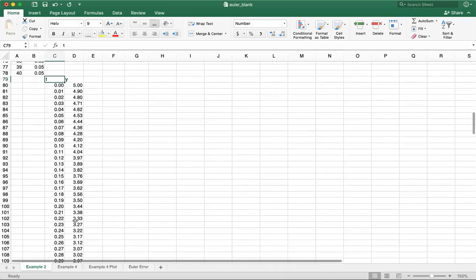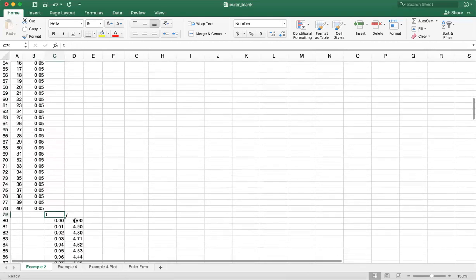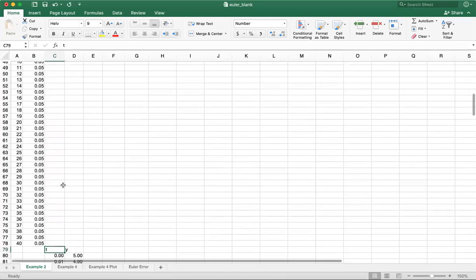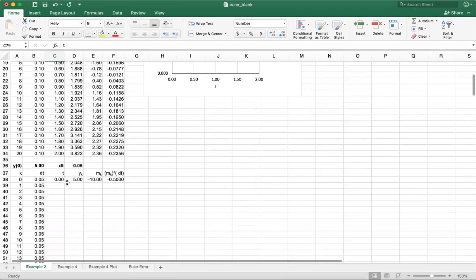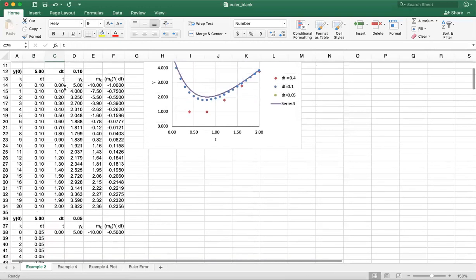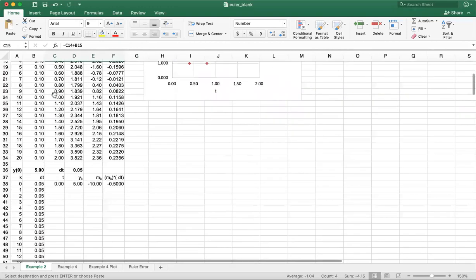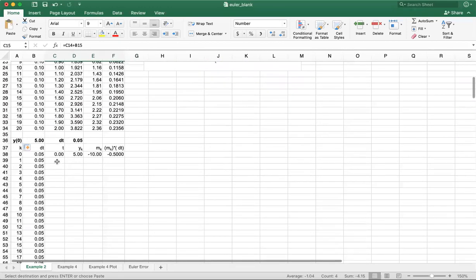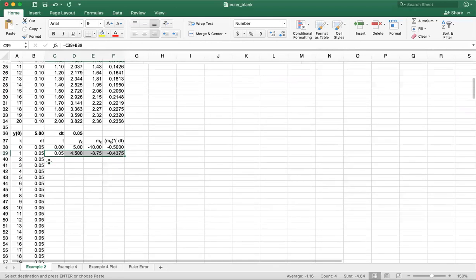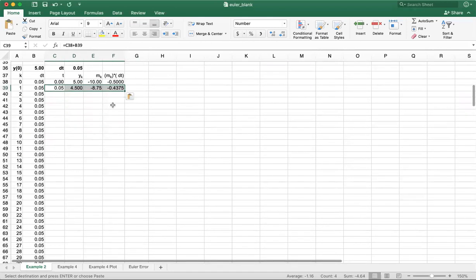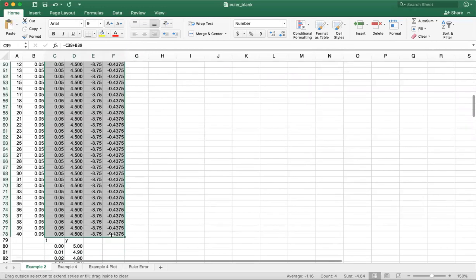That's where I stored the true solution, if anyone's curious. Then I'm going to take the second row here, copy it and paste it into the second row here. And finally, I'm going to copy and paste this all the way down.